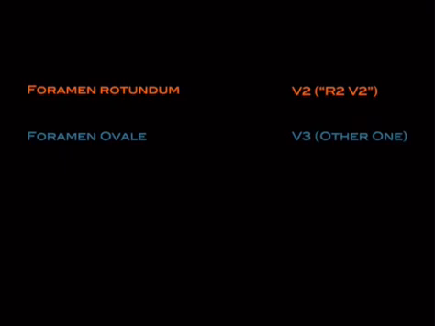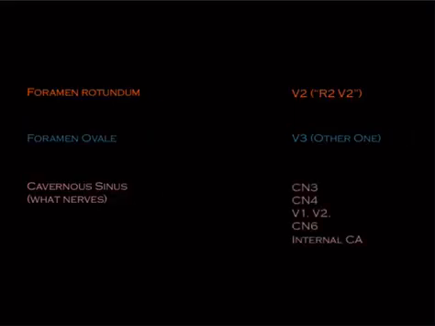the other one. And another important thing to talk about with this: cavernous sinus, what nerves? And the better way to ask this is what doesn't go through the cavernous sinus. A whole bunch of stuff goes through the cavernous sinus. What doesn't? V3 doesn't. How do I remember that?